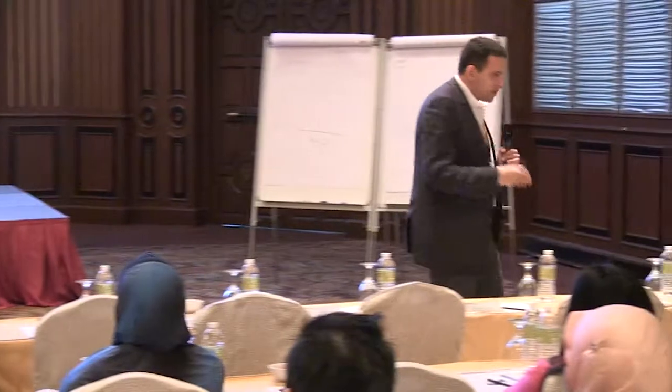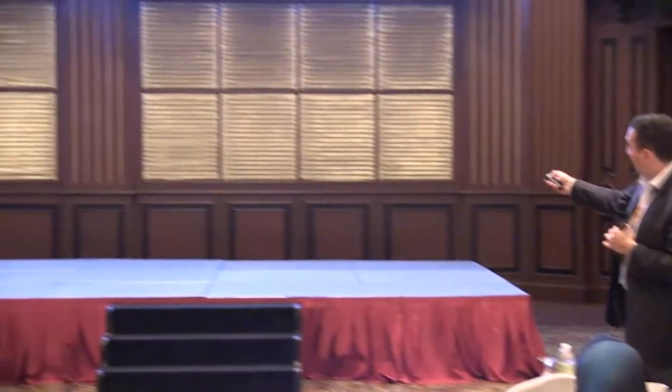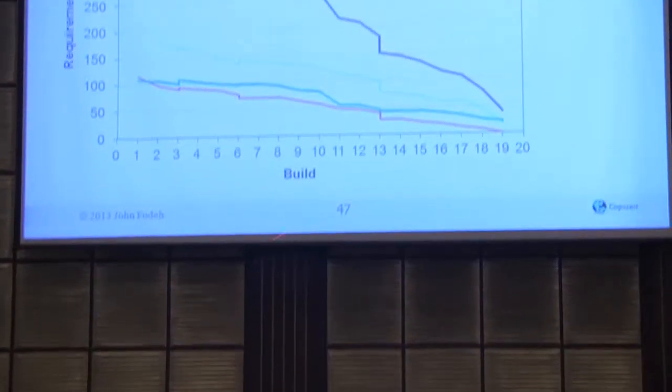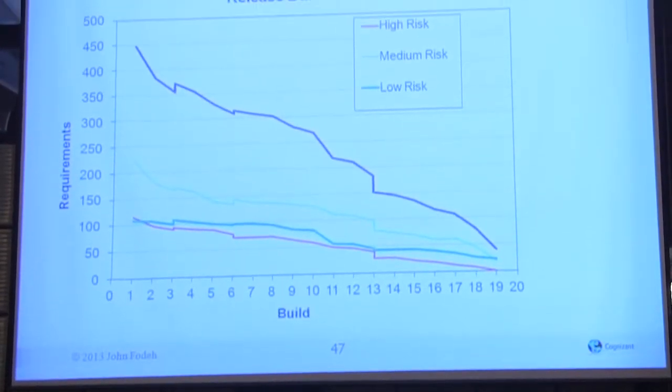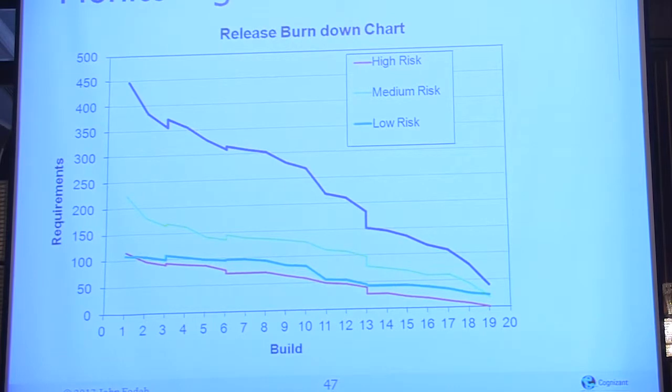Let me show you an example of a metric that's often used for monitoring risk. What you see up here are the requirements, and you see the build number. So this is basically the software version coming into test. So you have build 1, 2, 3, and so on. The blue one here shows the entire number of requirements.